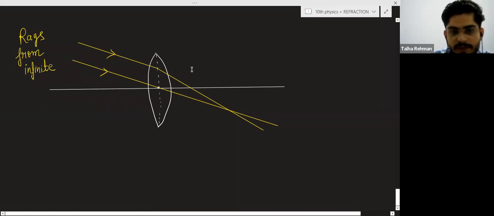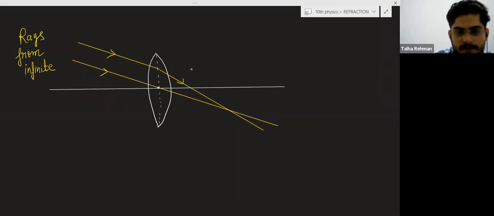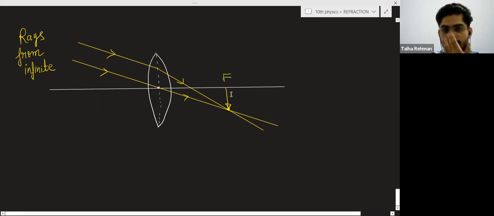After refraction, these rays will meet at a point, and this point will be the focus. These rays will meet here, at a distance of a small f.